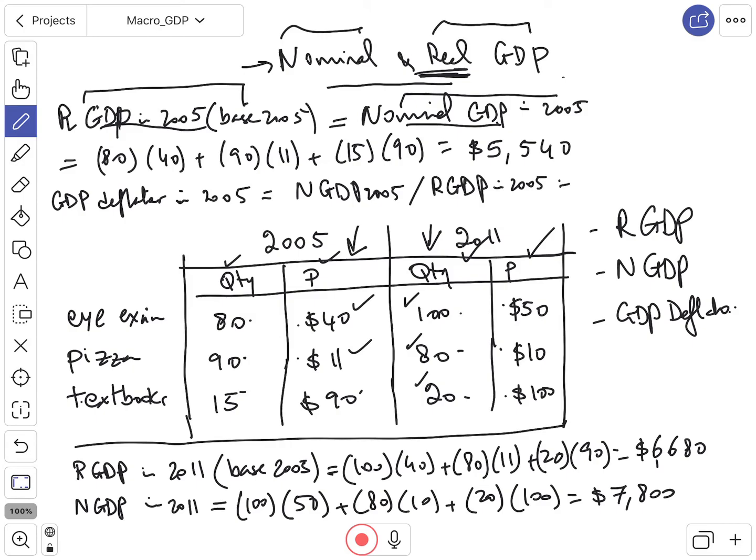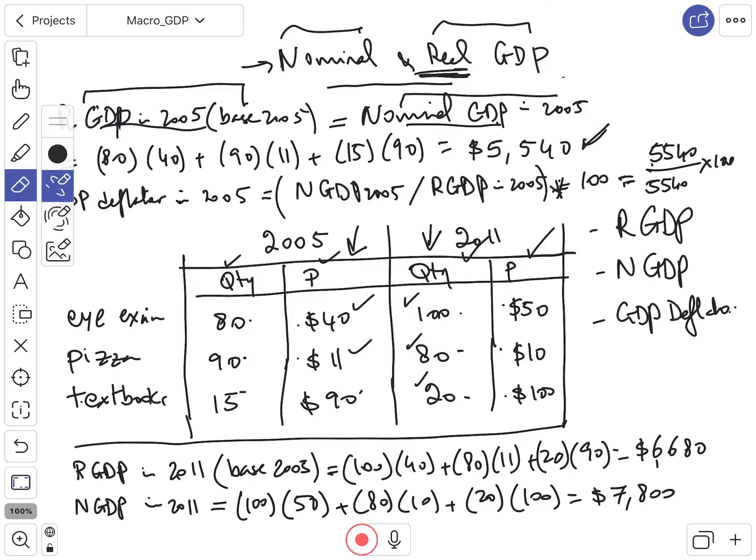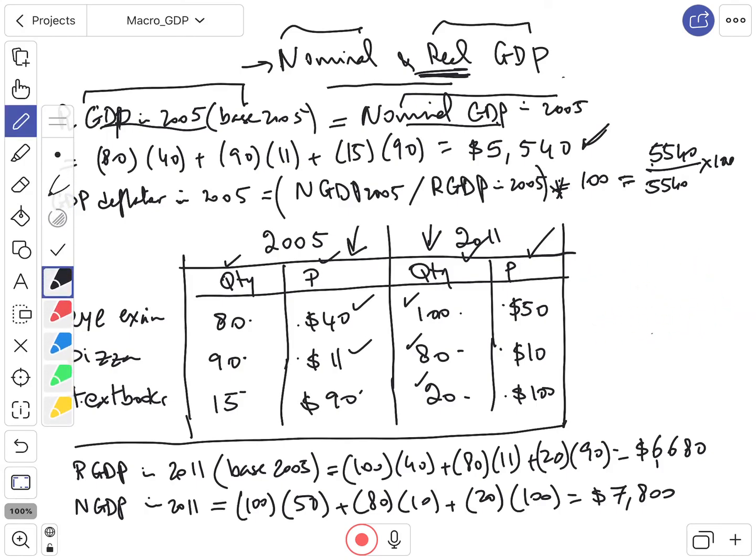After you get that, you multiply the whole thing times 100. So it's 5,540 over 5,540 times 100, and the answer is just an index, because the GDP deflator is simply an index that is equal to 100 units.